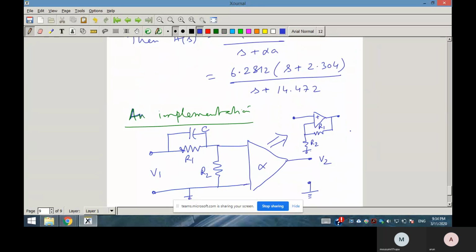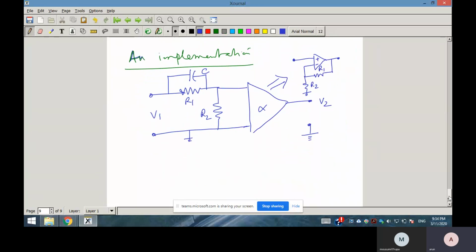So this is the negative terminal. In this way you can design alpha.